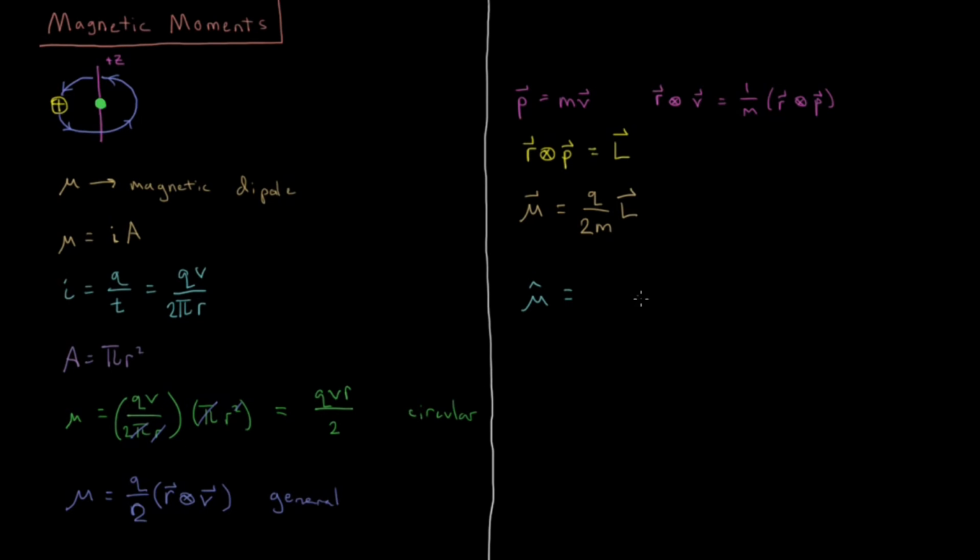This is going to equal the charge of our nucleus divided by 2 times the mass of our nucleus times our nuclear spin angular momentum operator, I, from the previous video. Okay, so that's our magnetic moment there.